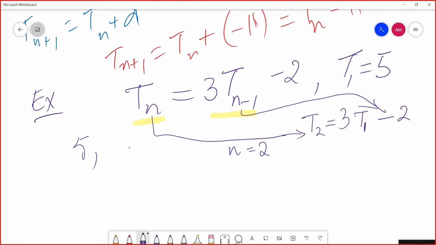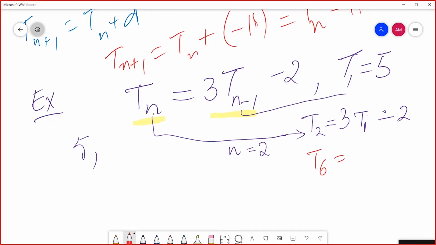Yep. Okay. I would ask you one more question. Can you tell me what is T6 for this sequence? T6 will be equal to 3 times T subscript n minus 1.